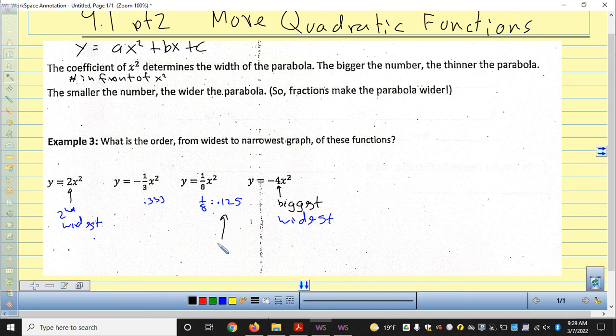So this is going to be the... I did this backwards. This is the biggest number. This is going to be the narrowest. This is going to be the second narrowest. So this is going to be the widest.